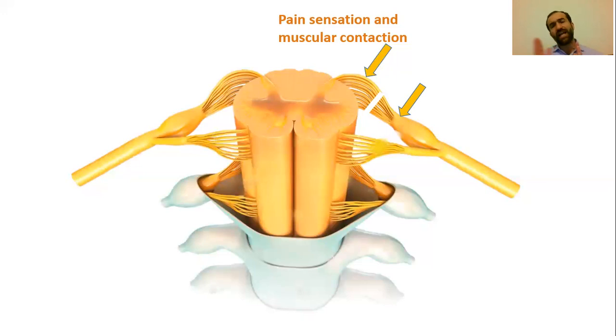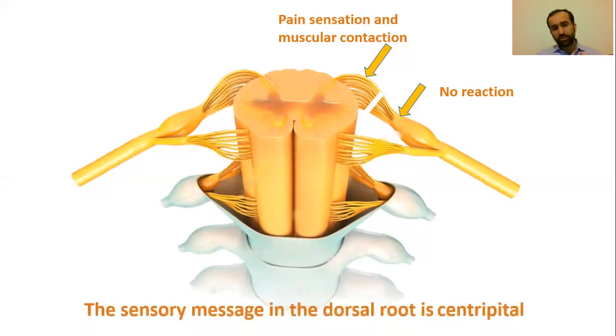The peripheral end is the end that is on the side of the periphery, not on the side of the center. This stimulation gives us no reaction. These two stimulation results confirm for us that the sensory message in the dorsal root is centripetal.